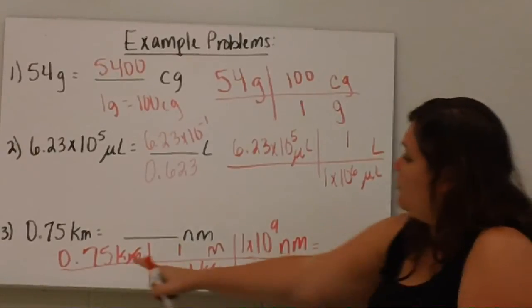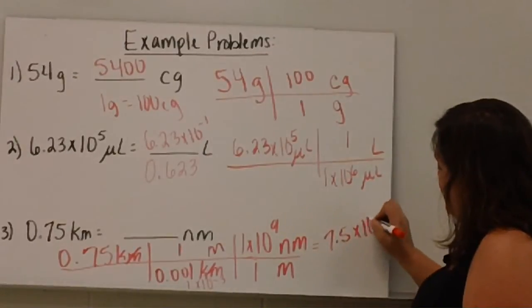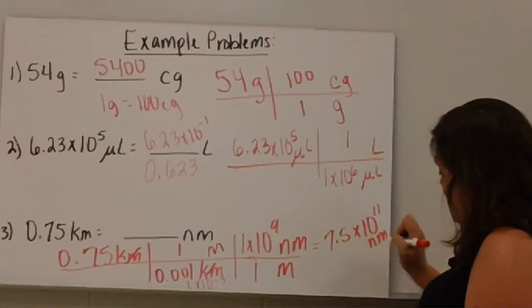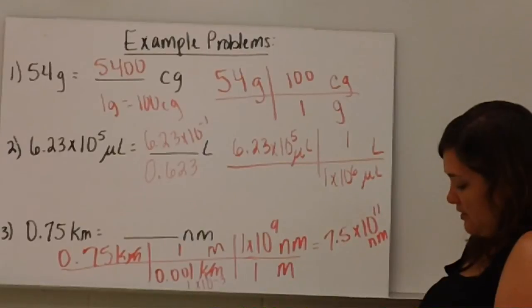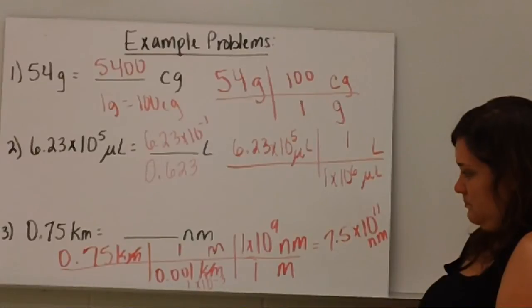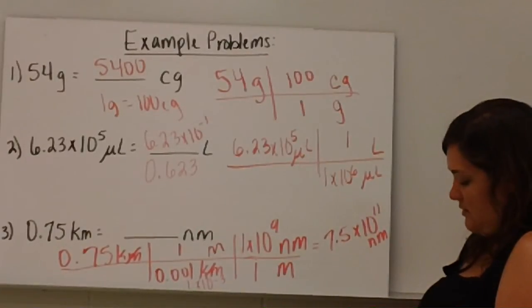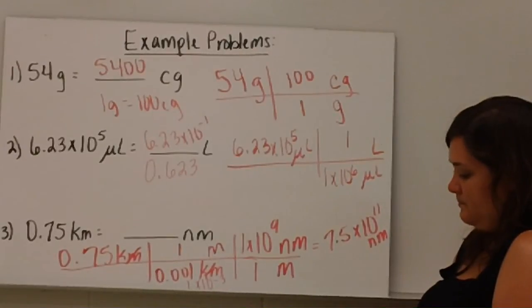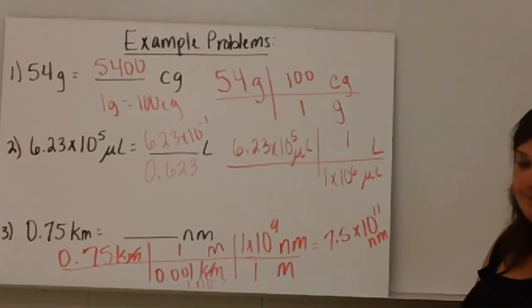And then we'd have to move the decimal one place, and so you'd have 7.5 times 10 to the 11th nanometers. Or like I said, you can plug it into your calculator, multiplying what's on the top and dividing by what's on the bottom, and you will get the same answer as I did: 7.5 times 10 to the 11th nanometers.